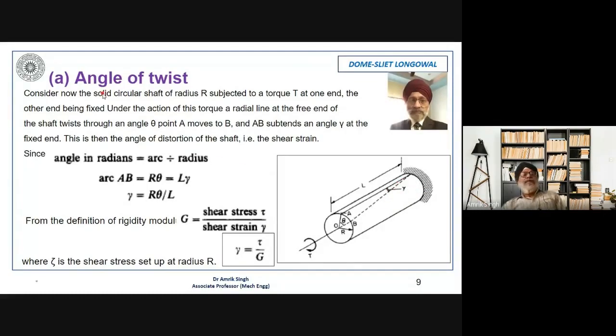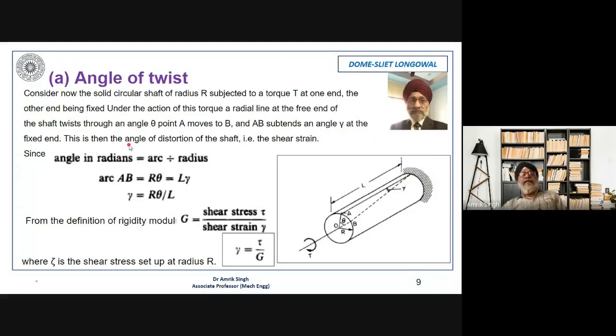Consider a solid circular shaft of radius R, which is subjected to torque T at one end, with the other end being fixed. Under the action of this torque, a radial line at the free end of the shaft twists through an angle theta. Point A moves to B, and AB subtends an angle gamma at the fixed end.